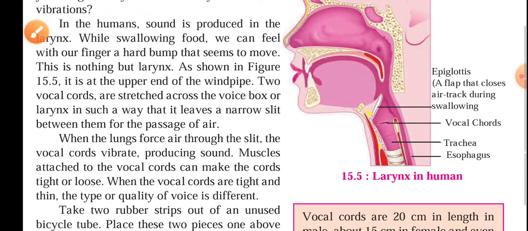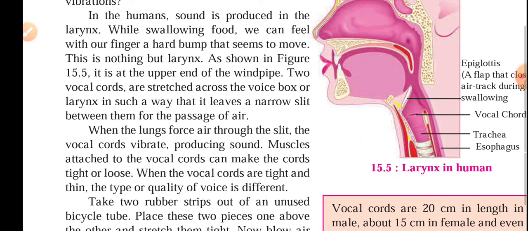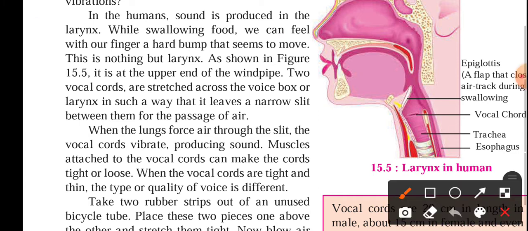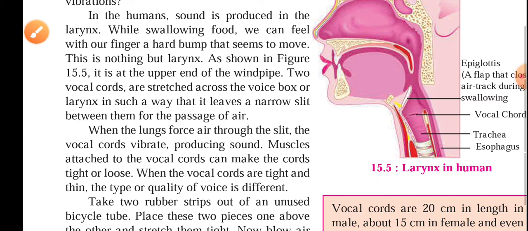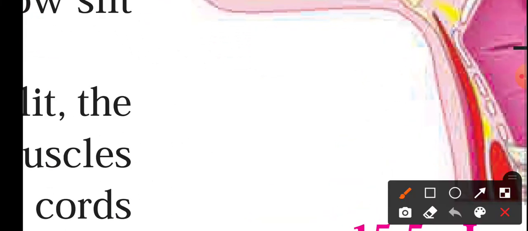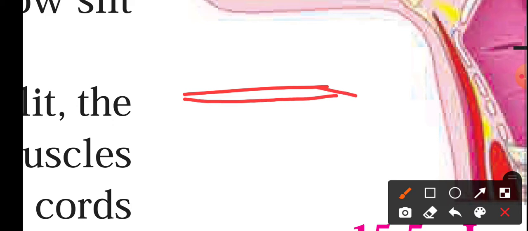As we discuss over here, at the upper end of the windpipe, the two cords are stretched across the voice box, or larynx, in such a way that it leaves a narrow slit between both of them. In a simple way, if I want to show you, this way we have the two cords, and there is a narrow slit in between.